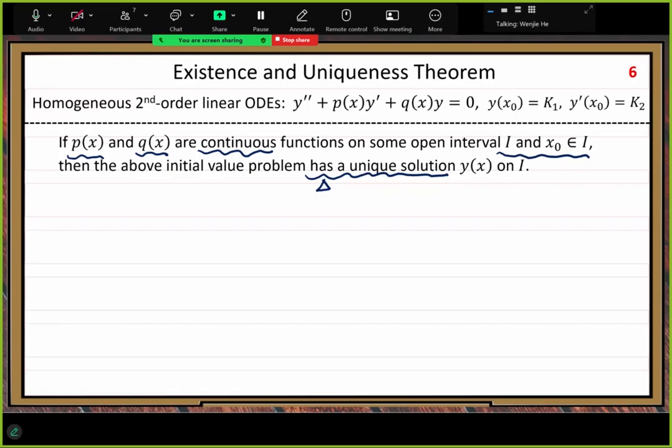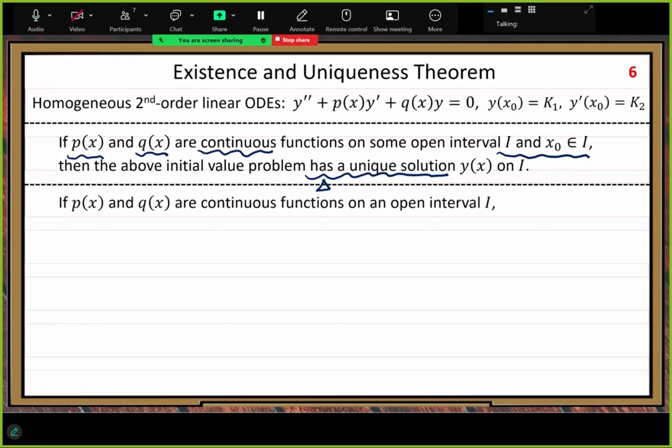All right. This is the first result. The second result. Then we do not use the initial condition. So we only look at the homogeneous second order linear ODE without initial condition. And we want to represent its general solution.